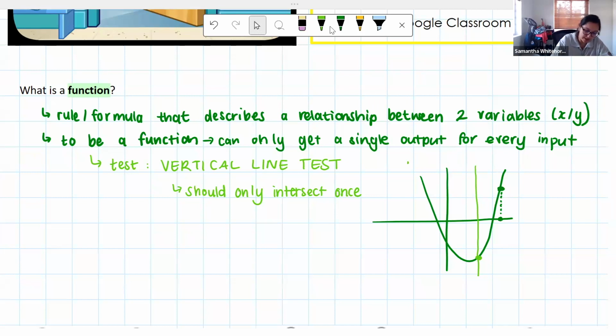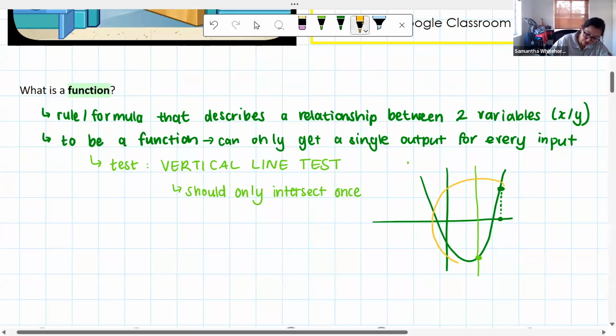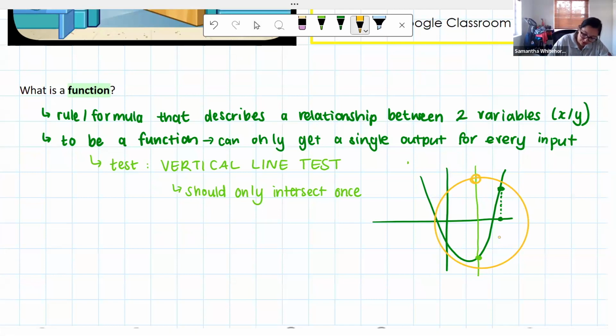If, for example, we had something like a circle even. So let's say I drew a circle. This circle represents a relationship between variables when I plot it on a Cartesian plane. There's an X and a Y. But what you see now is that my circle cuts my vertical line twice.